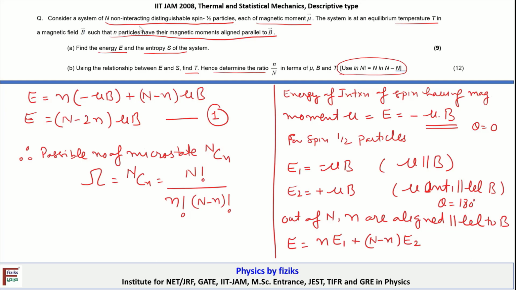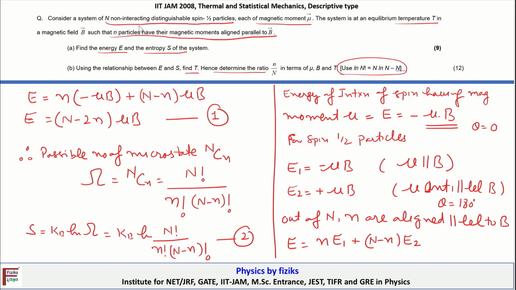Therefore the entropy from the Boltzmann relationship is S equal to k_B ln omega, and that is nothing but k_B ln of N factorial upon n factorial into N minus n factorial. So this is the expression for the entropy.